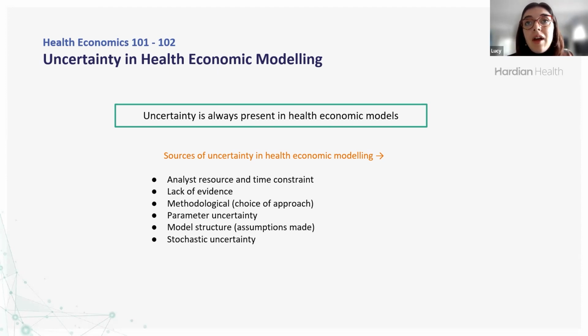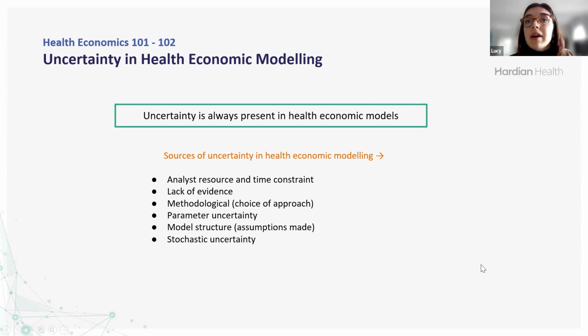And then there is also any lack of evidence or data to populate a model for certain parameters or inputs, the choice of methodological approach, inclusion of parameters, model structure, the assumptions made around population, disease progression, and then there's also an element of stochastic uncertainty, random variability too.